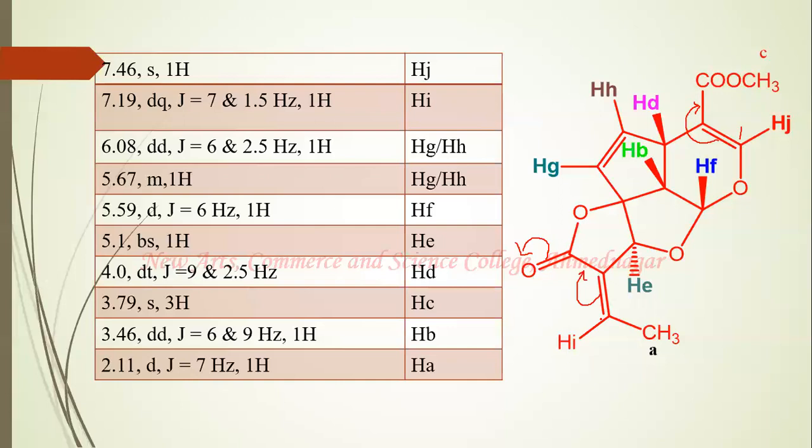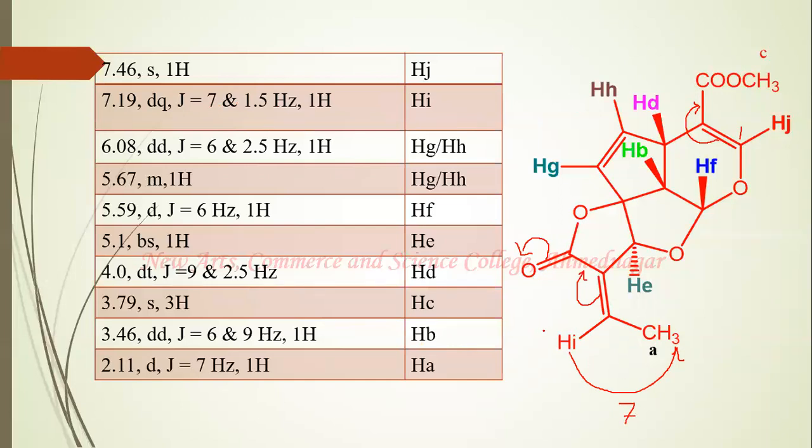Then it shows the doublet of a quartet with 7 and 1.5 Hz coupling. The Hi proton has vicinal partner methyl protons, Ha, so it couples with these 3 protons and gives a quartet, with a coupling constant value of 7 Hz because it is a vicinal coupling.